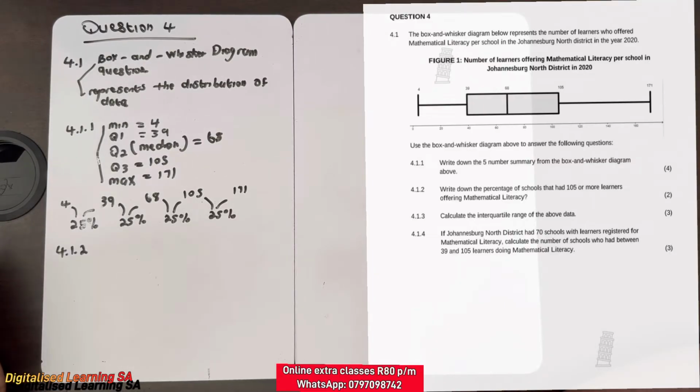4.1.2 says write down the percentage of schools that had 105 or more learners offering mathematical literacy.